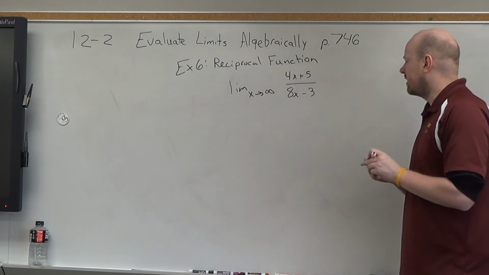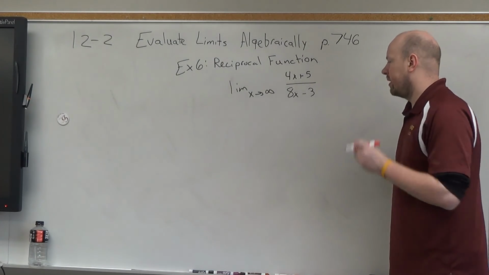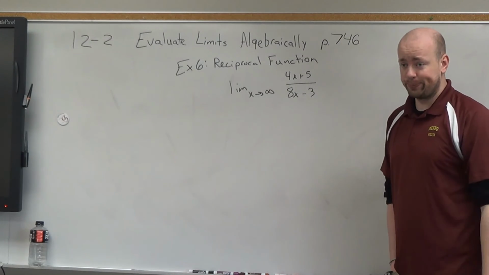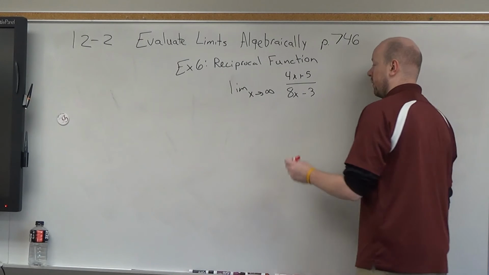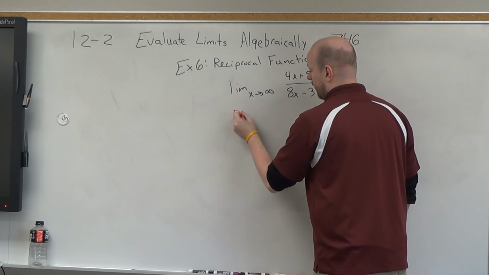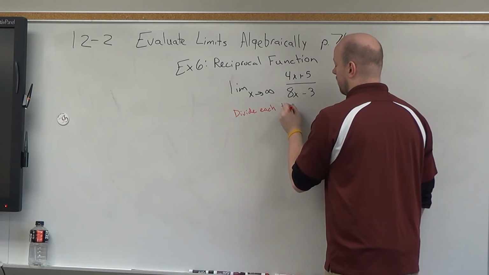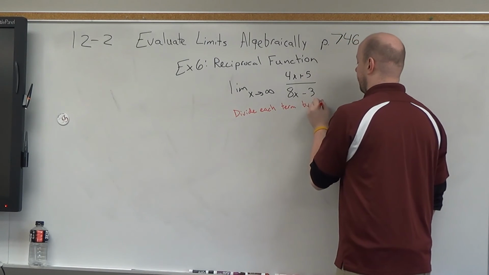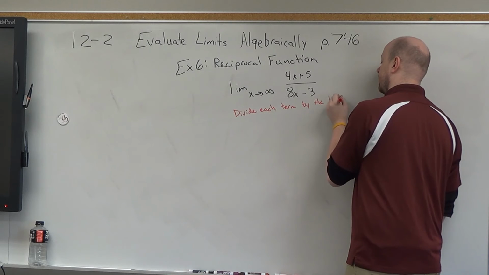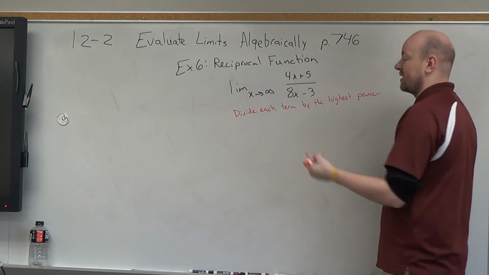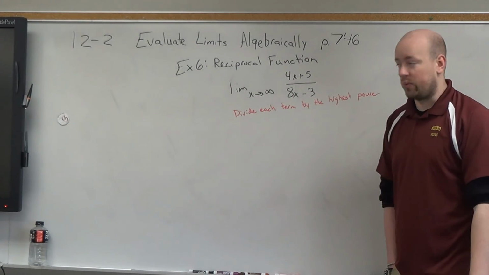So, in this type of example, our first step is we're going to divide every single term by x. So we're going to divide each term by the highest power of x. In this case, the highest power is just x to the 1.